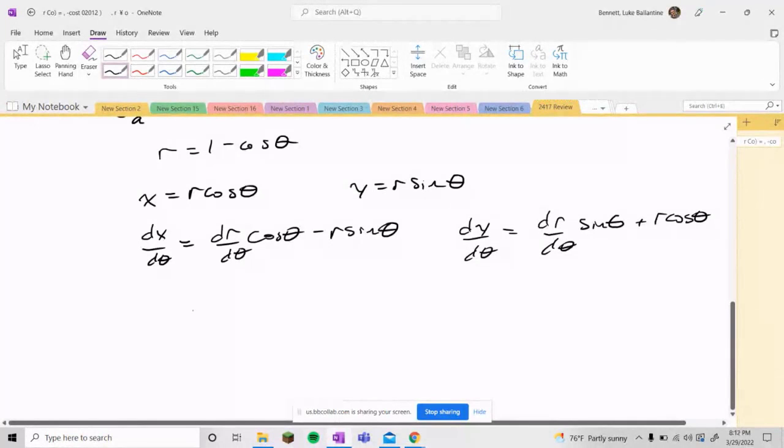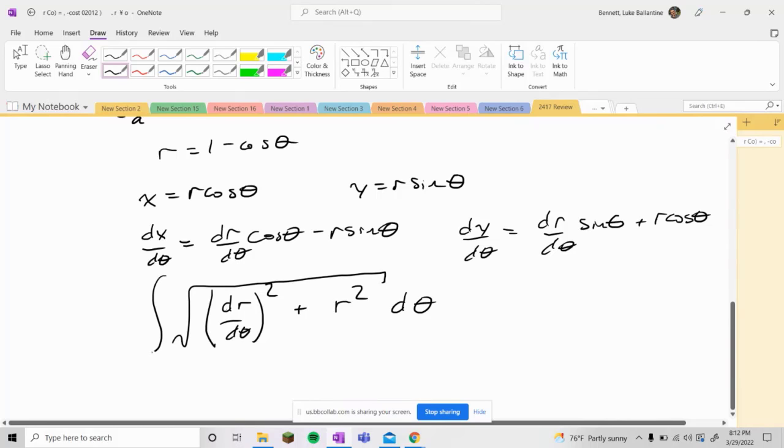And then the magnitude of these as a vector would be dr d theta squared plus r squared. And so we're just going to take the square root of this and integrate. So we need to calculate this. So dr d theta is sine.